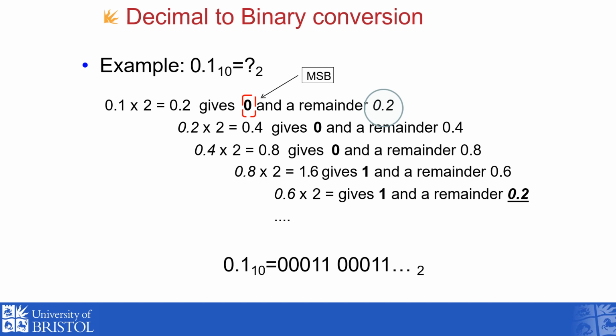And instead of keeping the remainder, you're actually keeping the integral part. Not only that, this time you start from the most significant bit and gradually you go towards the least significant bit. That was the most significant one. And here's the general rule. We keep the integral part and we keep it in order.